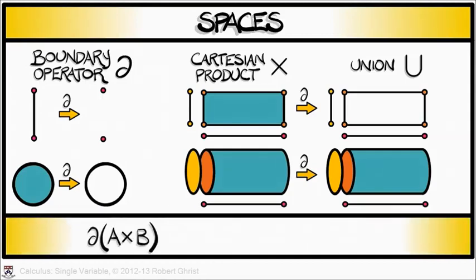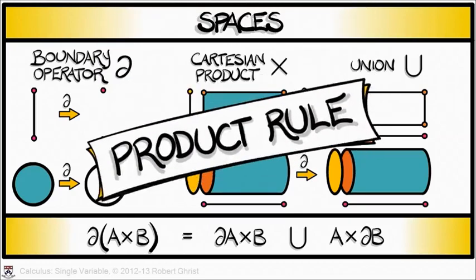It is a fact that if you have two spaces, A and B, you take their product and compute the boundary of that. You can decompose that boundary as the boundary of the first space times the second, union the first space times the boundary of the second.